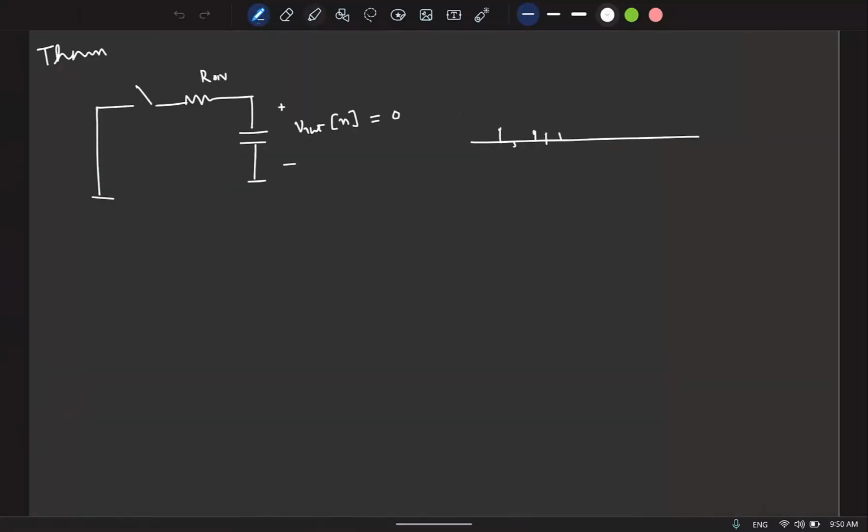Yeah. So let's see if this is better. Okay, it's not better. Let's see.